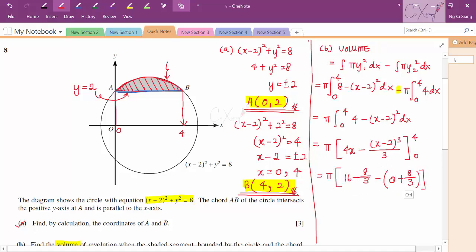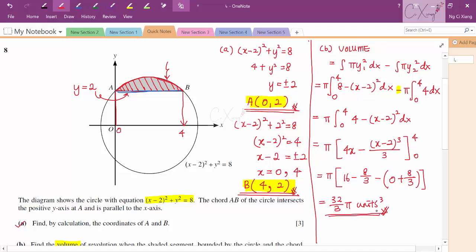Okay, so try to simplify all the values inside here, and you can get the answer, which is 32 over 3 pi unit cubed, since this is a volume that we want to find out.